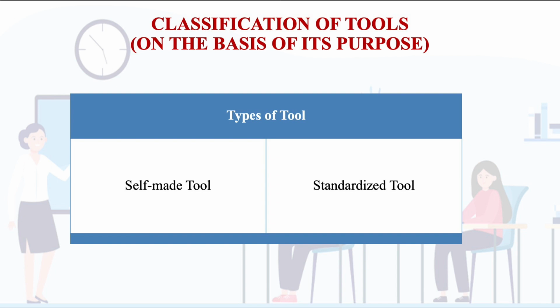Further, on the basis of function, the tool is of 4 types: placement evaluation, formative evaluation, diagnostic evaluation, and summative evaluation. Now in this lesson we will discuss on the basis of purpose. The tools are of 2 types, self-made tool and standardized tool.